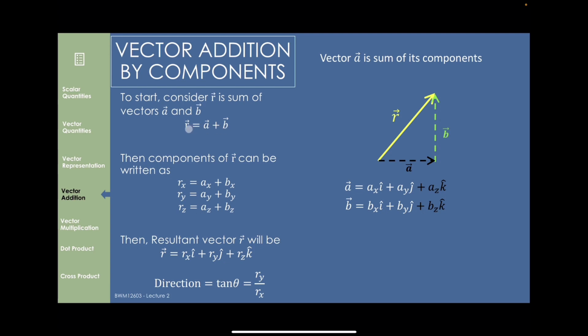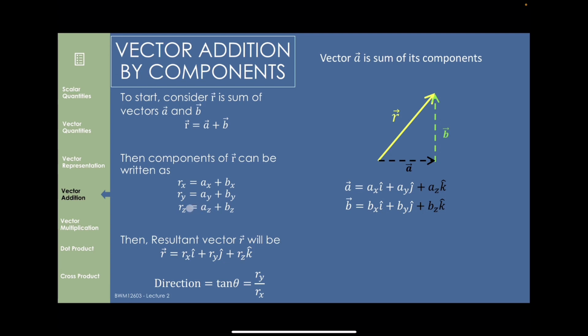Since r is also a vector, it will have components rx, ry, and if there is a z, then rz. Each component of this vector will be equal to the sum of the components of these two vectors. For example, the x component rx will be equal to the sum of the x components of vectors a and b. Similarly, the y component of r will be equal to the sum of the y components of a and b.